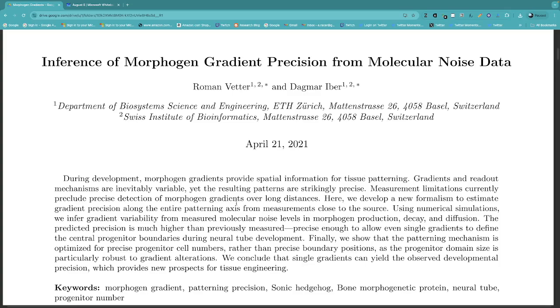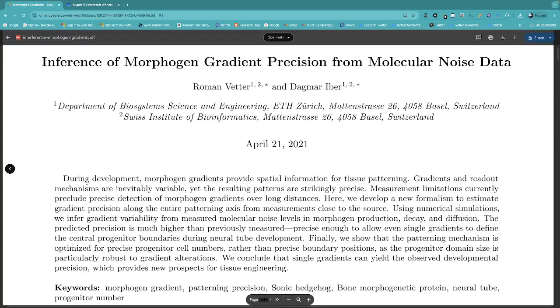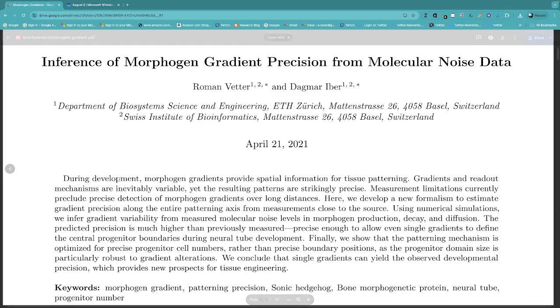But we also have molecular noise, and of course molecular noise is noise in gene expression, where you get different types of variation in terms of the amount of morphogen that's produced. Then that ranges over time, and there's this noise, and your process is either tolerant to the noise or not. So that's what they're getting at here. So let's read the abstract and see what they're getting at in this paper.